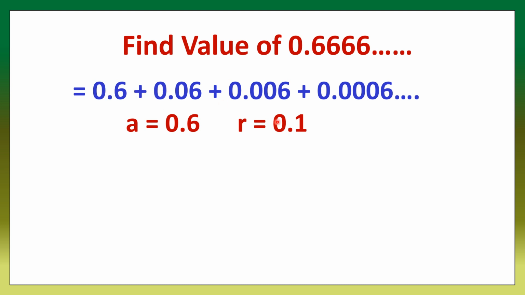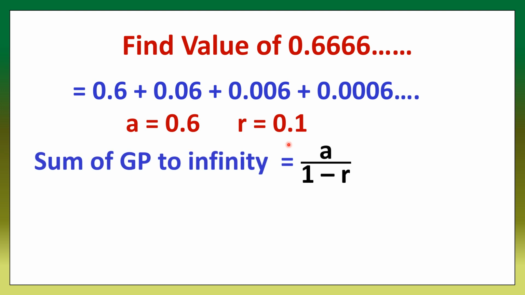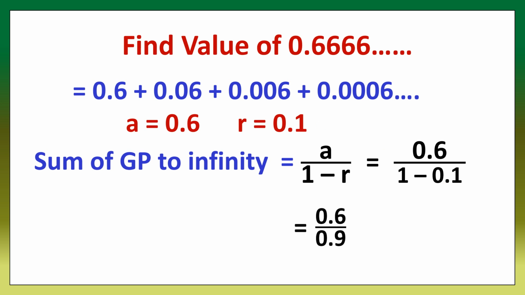It is 0.1, and the formula is A divided by 1 minus R. A is 0.6 divided by 1 minus R, which is 0.1, and hence the answer is 0.6 divided by 0.9, which is equal to 2 divided by 3. Thus we have solved this and we have found the value of 0.6666.